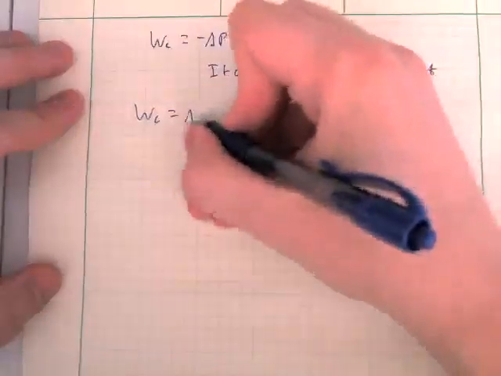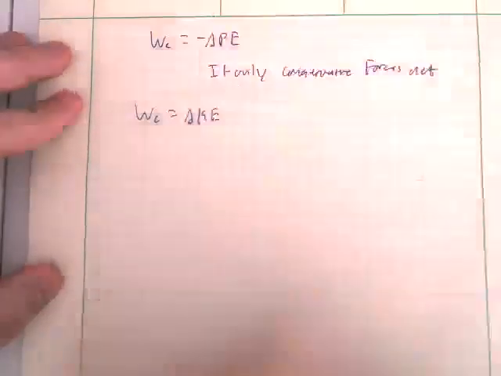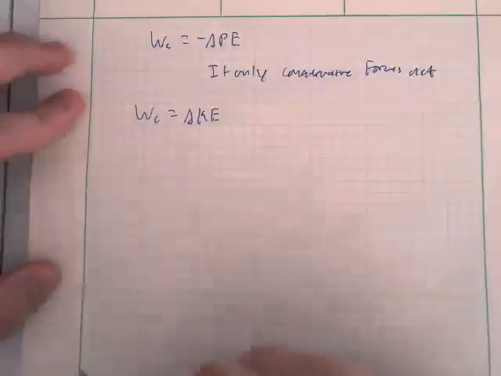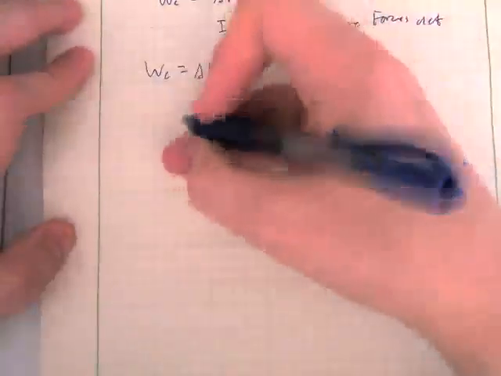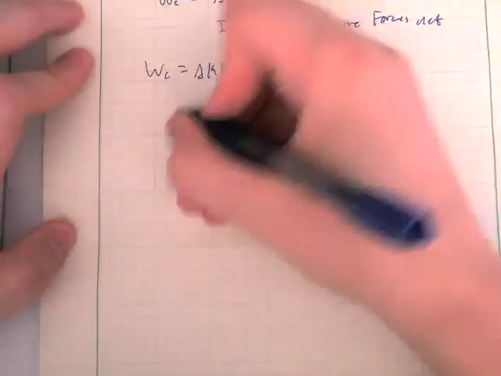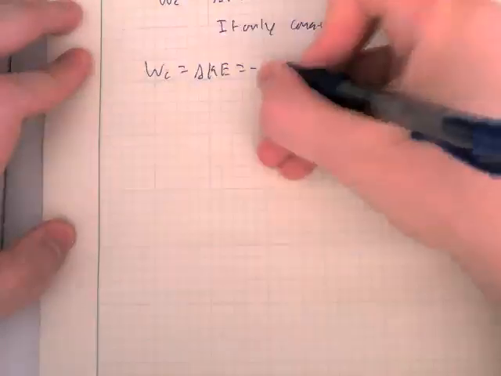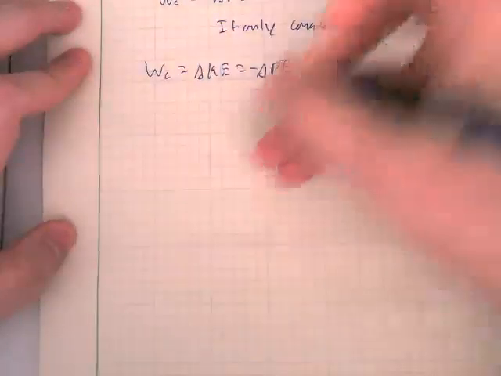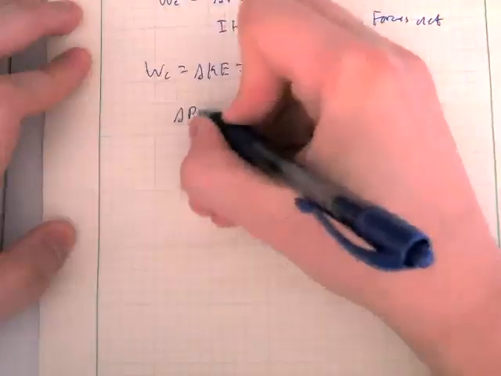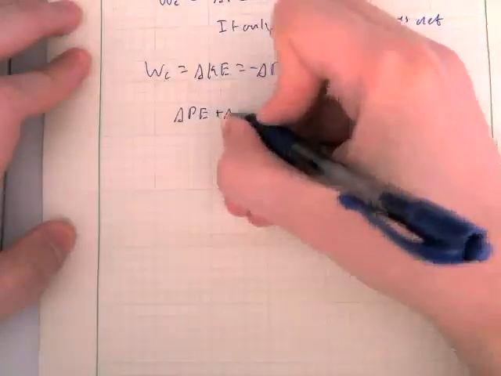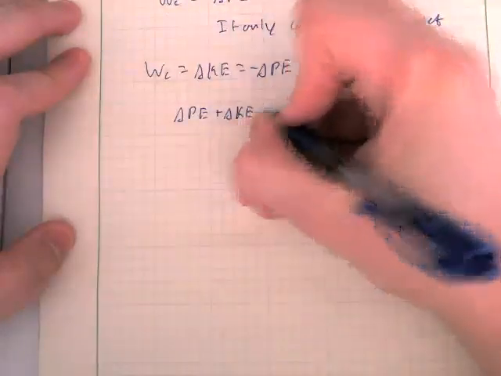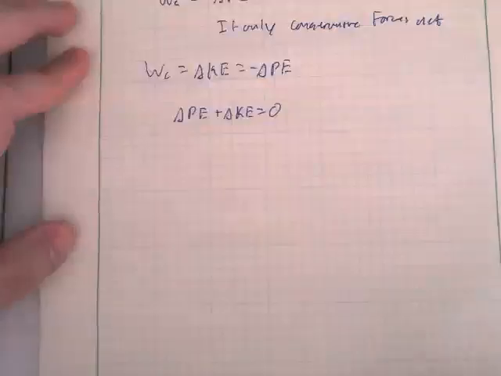And the net work being done, as we know, is the change in kinetic energy. So that, of course, lets us write this. We now have our delta KE is equal to minus delta PE, or the change in potential energy plus the change in kinetic energy has to equal 0, right?